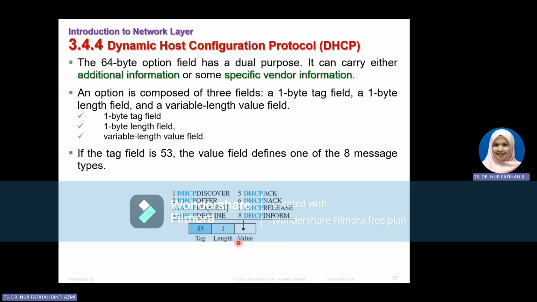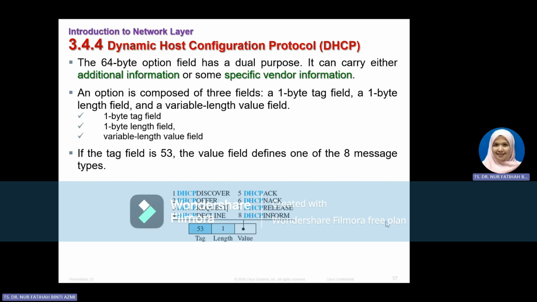Here, 1 indicates that the subsequent value field is a single byte in length, and the final byte is the value. Since the tag is 53, the single byte will contain a numerical value from 1 to 8. Therefore, when the DHCP packet contains an option with a tag of 53, the value within that option acts as a crucial indicator for the packet's purpose within the DHCP communication.